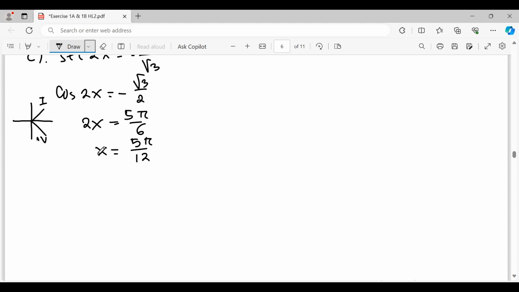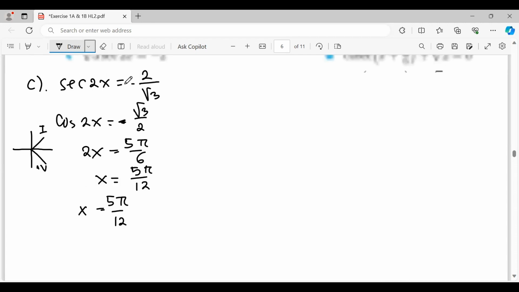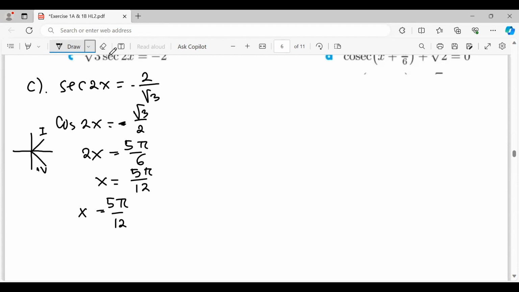And the next x equals 5π/12. Wait, cosine x is minus, it means not here, cosine minus is here, 2 and 3.